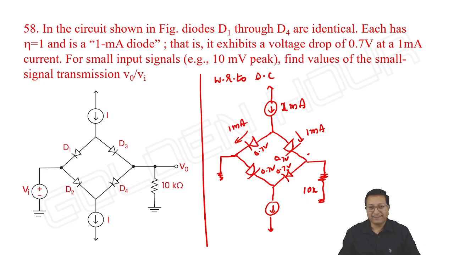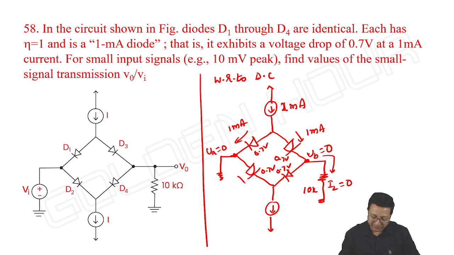If you observe this, it is like a balanced bridge with identical diodes, and each is offering a voltage of 0.7 and 1 milliampere current. If that is the case, it is a balanced bridge, so this voltage should be equal to this voltage, and no current is possible here. IL is 0. Then if I take VA, it is 0, and this voltage VB is also 0.